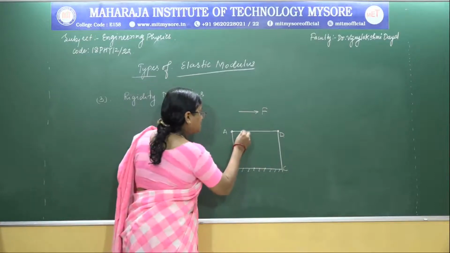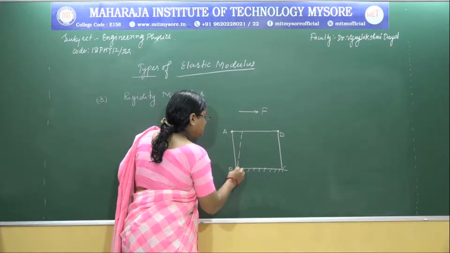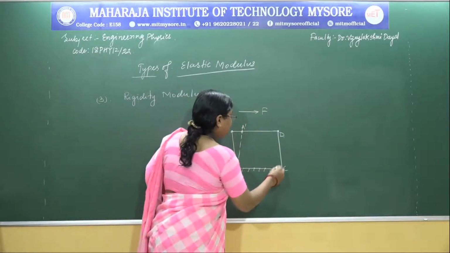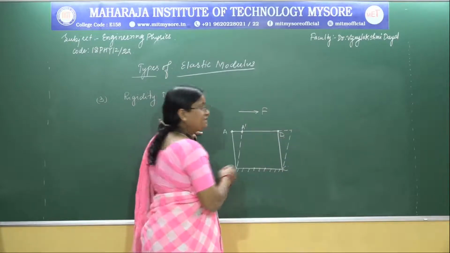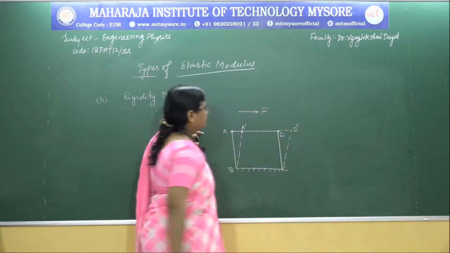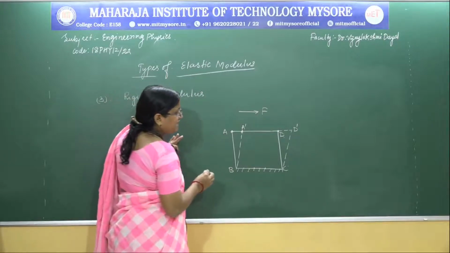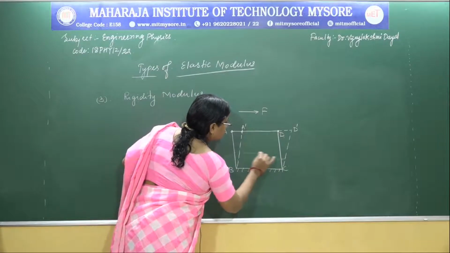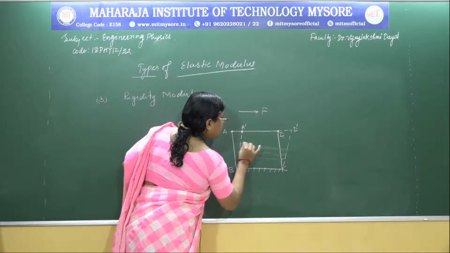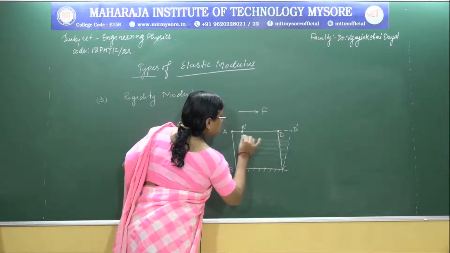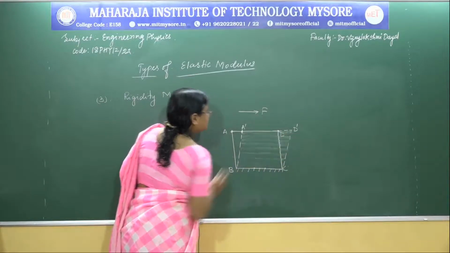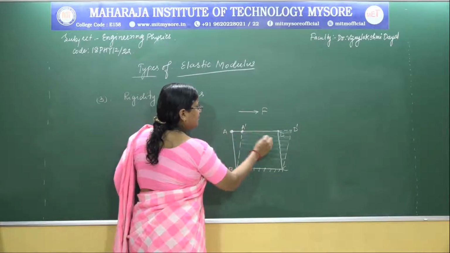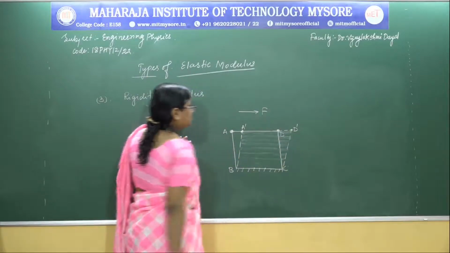So, we consider that the change in position for point A is A dash and for point D is D dash. When you apply the force tangentially, there is a shift layer by layer of the surface of the body.